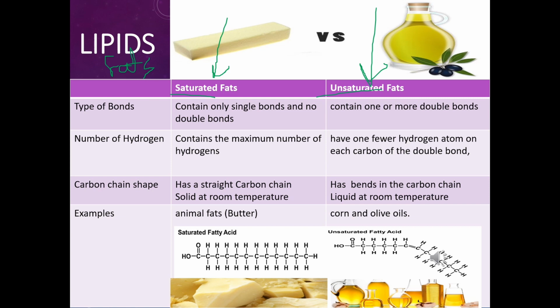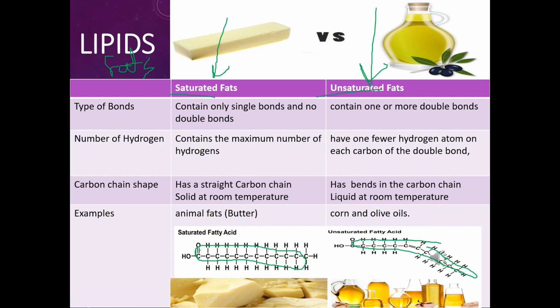The main difference, as you see, what do you think the difference is? The main one is that this one has a straight carbon chain, or a straight carbon backbone, and this one has a bent one.